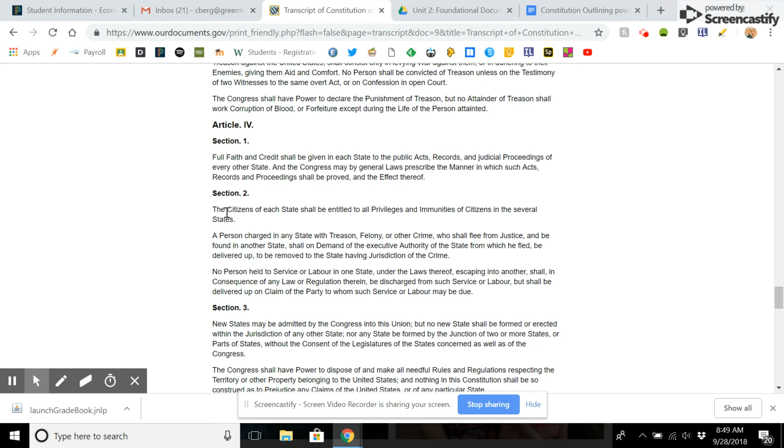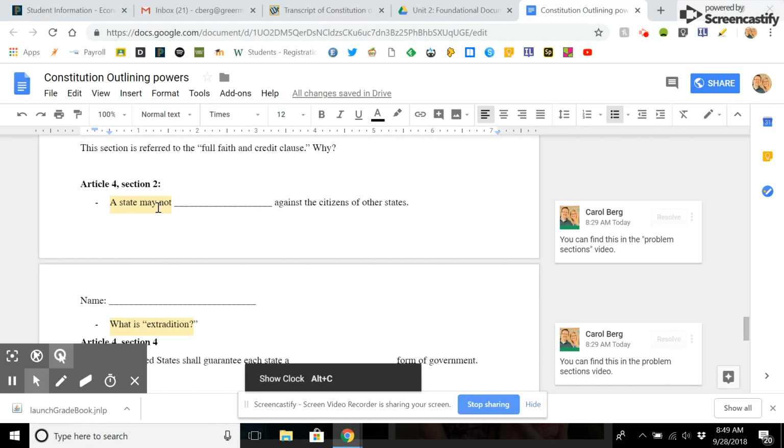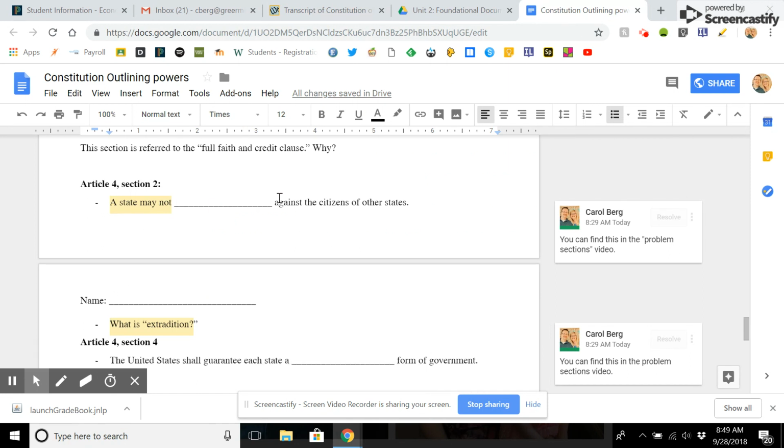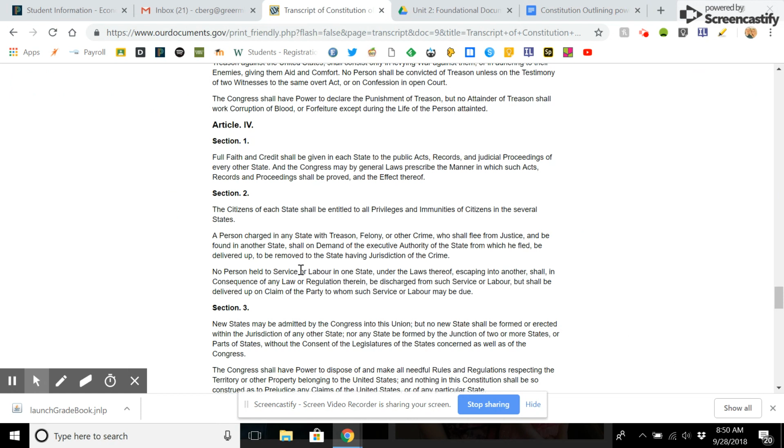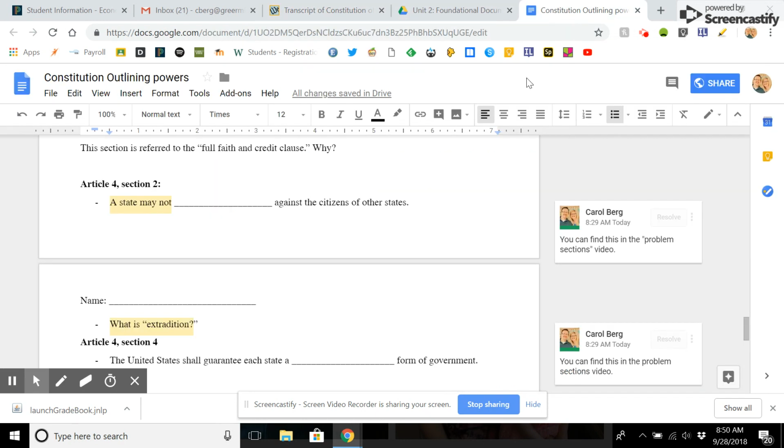What? It's just saying that one state can't discriminate against another state. And that's the word I'm looking for there. A state may not discriminate against the citizens of other states. That's really what Article 4, Section 2 is all about. Okay, so I hope that you can see that in Article 4, Section 2, it's discriminate, all right?